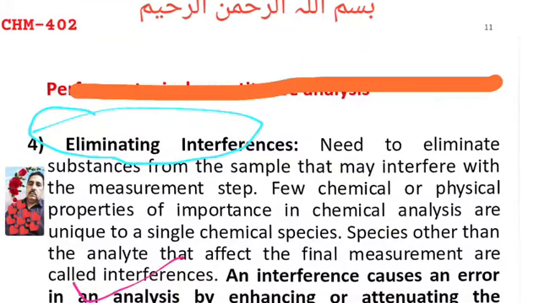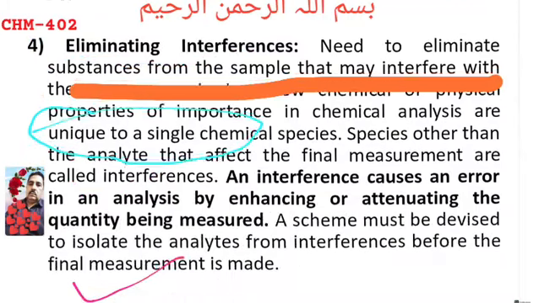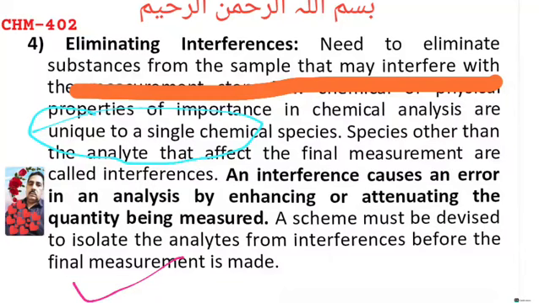On the other hand, species other than the analyte that affect the final measurement are called interferences. Interferences cause an error in the analysis by enhancing or attenuating the quantity being measured. This is the definition of interferences.